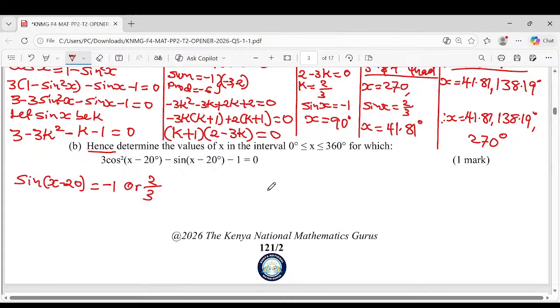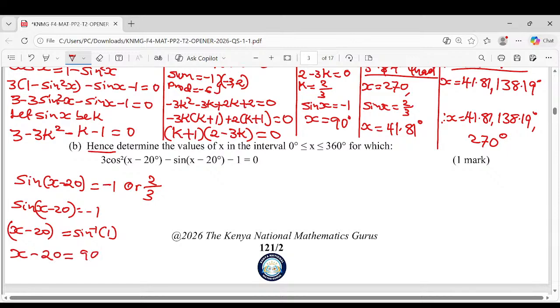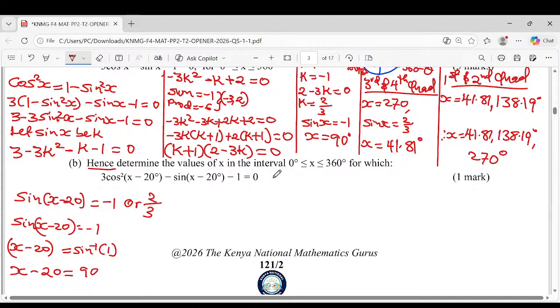Bearing that in mind, let me deal first with sine of (x minus 20) being equivalent to negative 1. It means that x minus 20 is now going to be the sine inverse of 1. The sine inverse of 1 is 90. So x minus 20 is equivalent to 90. Then we are going to see where sine is negative.